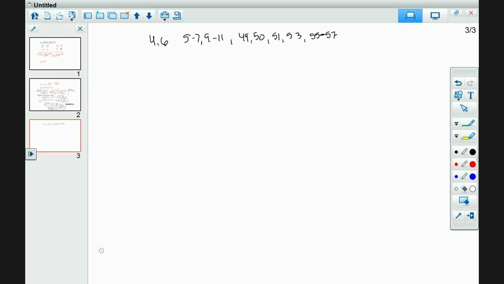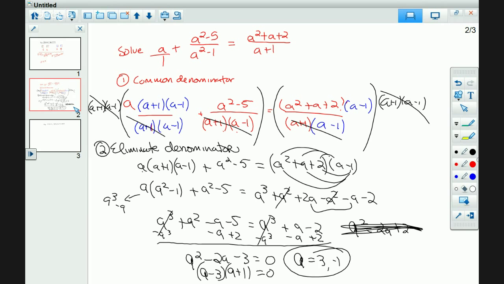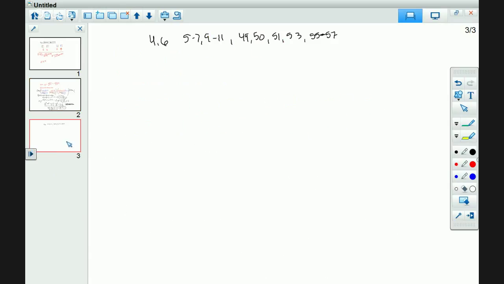All right, here's another one, and I'm leaving room again. Put my common denominators here.